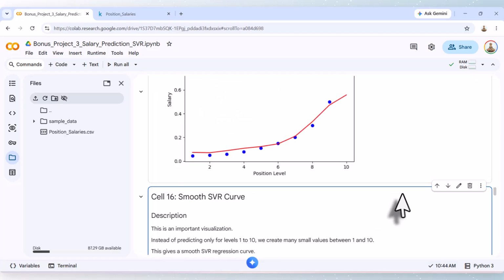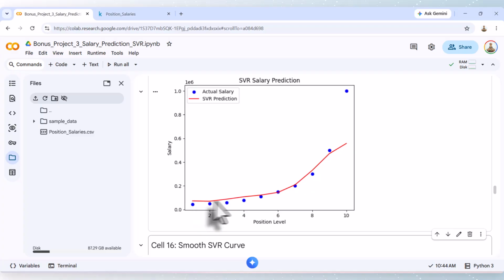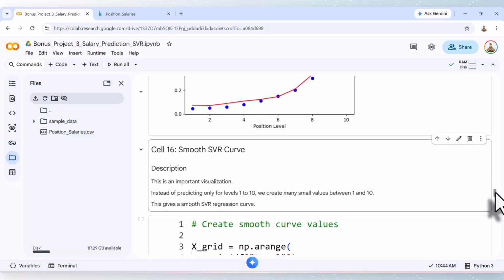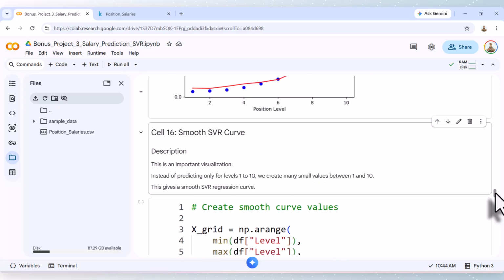If you see this graph, you can notice how the curve is moving. This graph helps us see whether the model is following the salary pattern or not. You can see that the model is following the actual salary pattern here. So it means the model is good. We cannot say it is the best because R2 is only 75%. We can still improve the model.